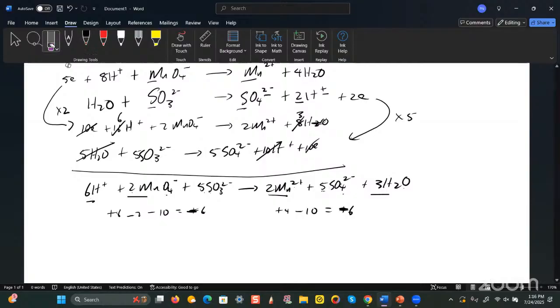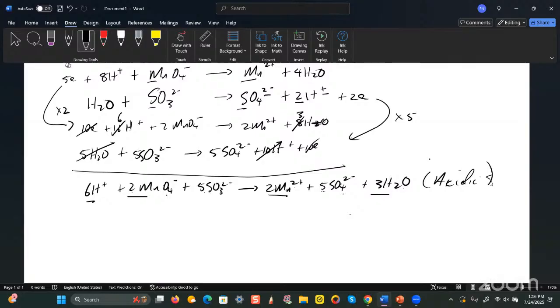So let me erase this here. All right, so this here, which we did earlier, would be the equation for this reaction in an acidic environment or medium, right?